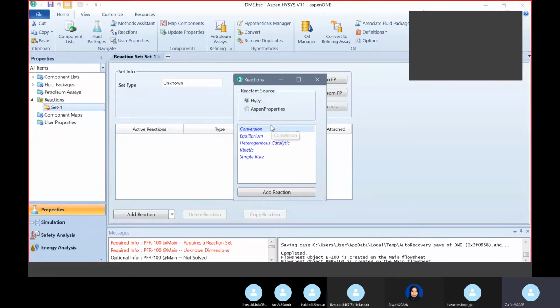Now the question is, are we going to specify this as an equilibrium, or if you have the kinetic, or conversions and the rest? I think since we have the kinetic, it's better to specify the kinetic.